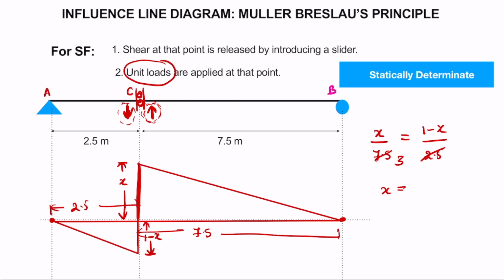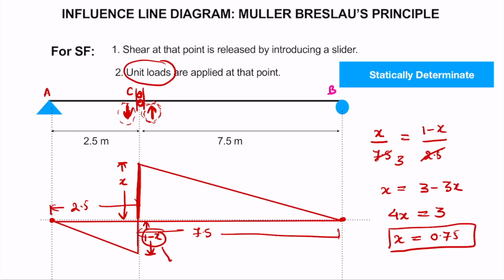So X equals 3 minus 3X, 4X equals 3, and X will be equal to 0.75. So we get the value of X as 0.75. Therefore this lower part will be 1 minus 0.75, that is 0.25.